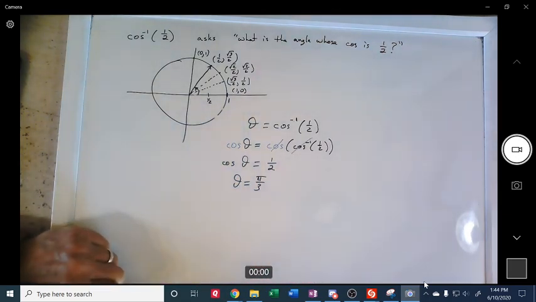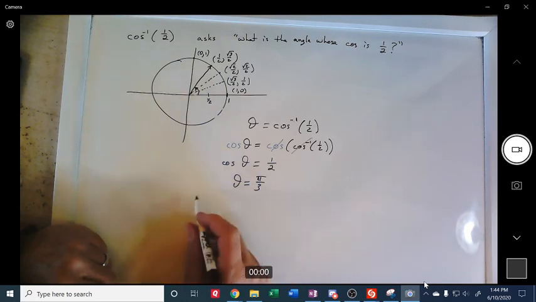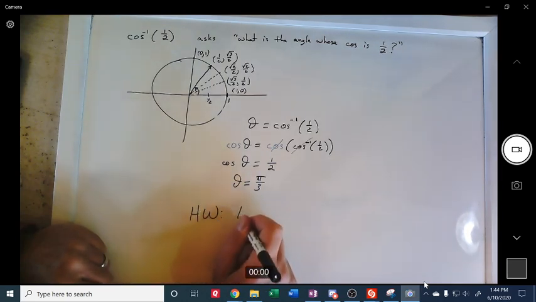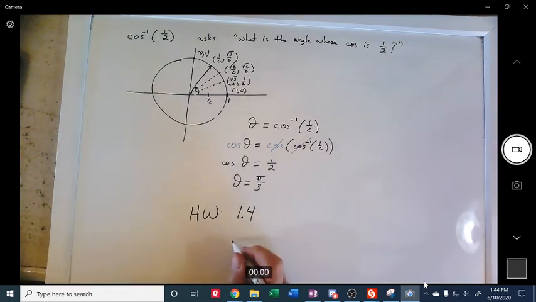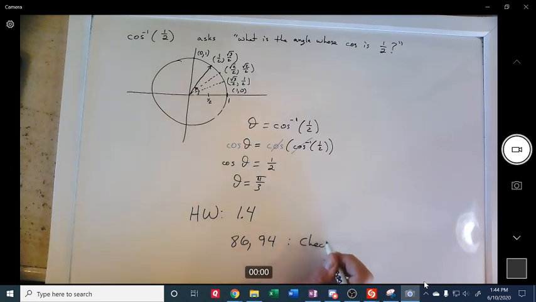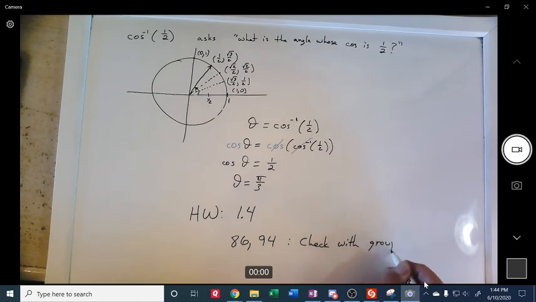And this takes us to the end of our time. The homework is 1.4, and in 1.4, numbers 86 and 94, I want you to check with your group members.